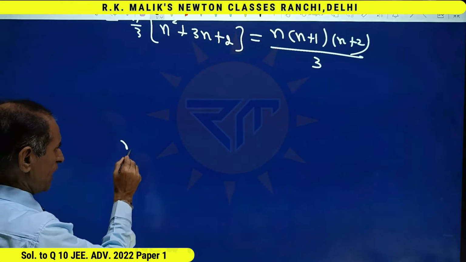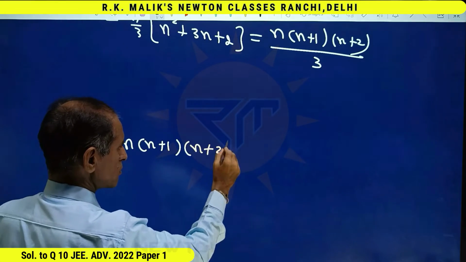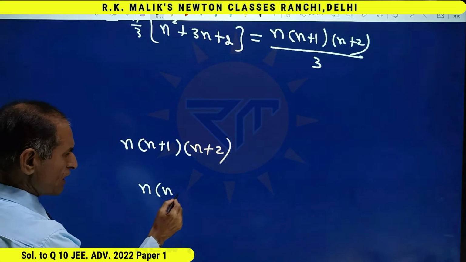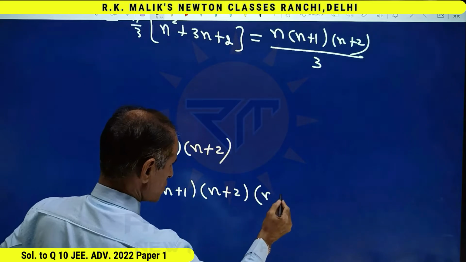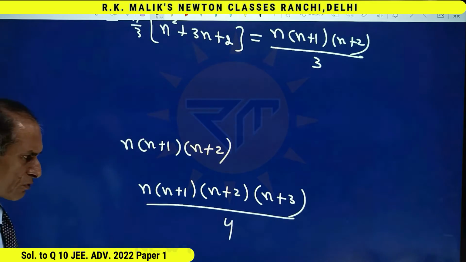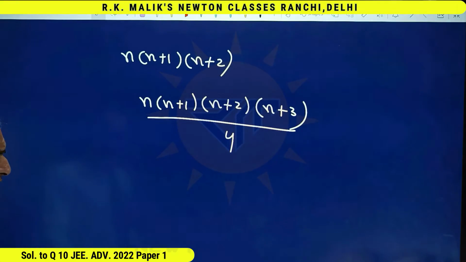Similarly, if nth term is n into this, then the sum of n terms is going to be ... four, and so on. It can be extended to any higher power.